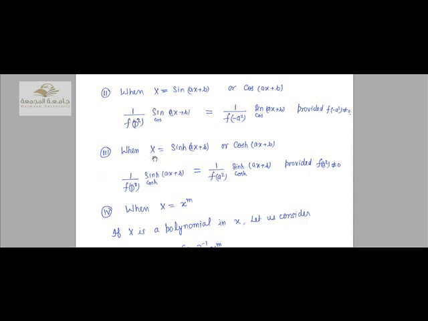Now the third one, when X = sinh(ax + b) or cosh(ax + b), then 1/f(D²) sinh(ax + b) or cosh(ax + b) = 1/f(a²) sinh(ax + b) or cosh(ax + b), provided f(a²) is not equal to 0.